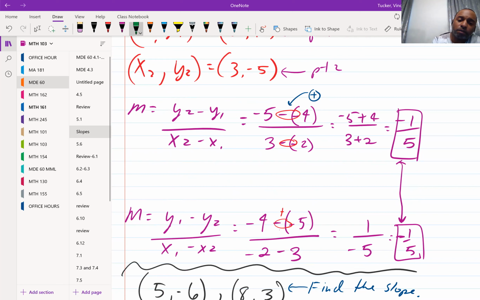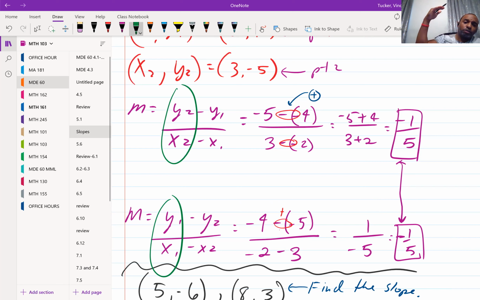Then on the bottom, x1 is -2 minus x2, which is 3. When you do your calculation, negative turns positive. That'll be +1 over -5, which is still -1 over 5. So you still get the same answer. I just wanted to emphasize that if you stay consistent in your substitution, in other words, y2 first and x2 first, or y1 first and x1 first, you'll still get the same result.